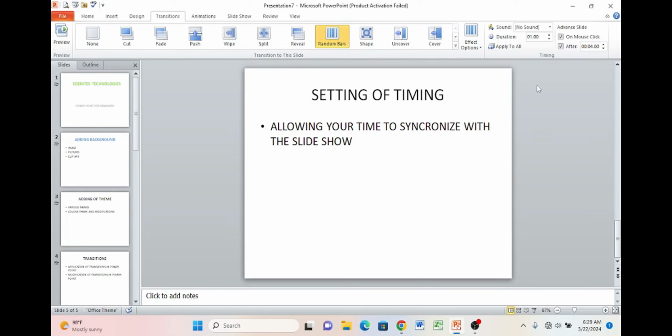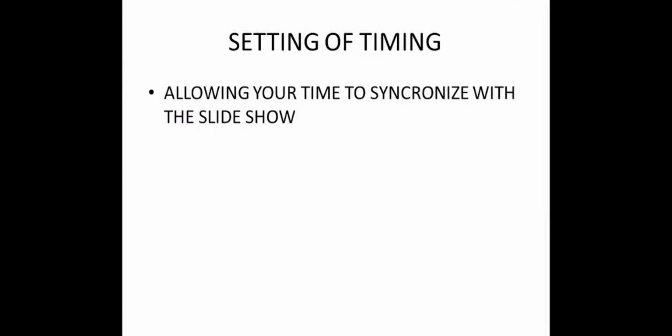Let's give it a trial. I have set my timing to 4 seconds, and what I need to do to make it applicable to all the work is to also hit the apply to all button, which I have just done. Then I'll go to slideshow and click on slideshow. Just hold on and see how the effect will take.